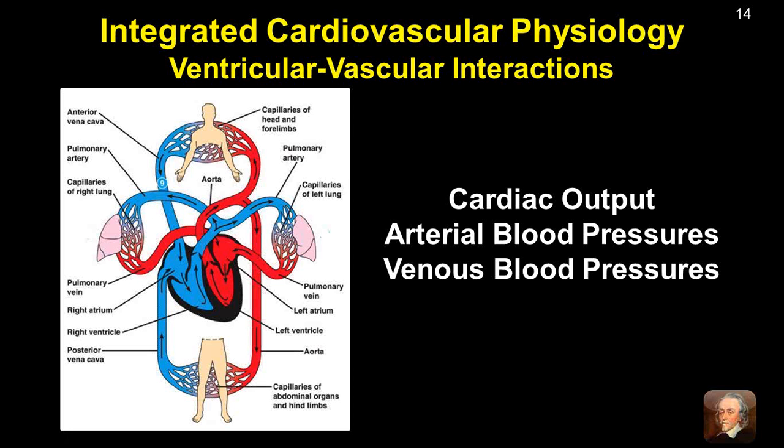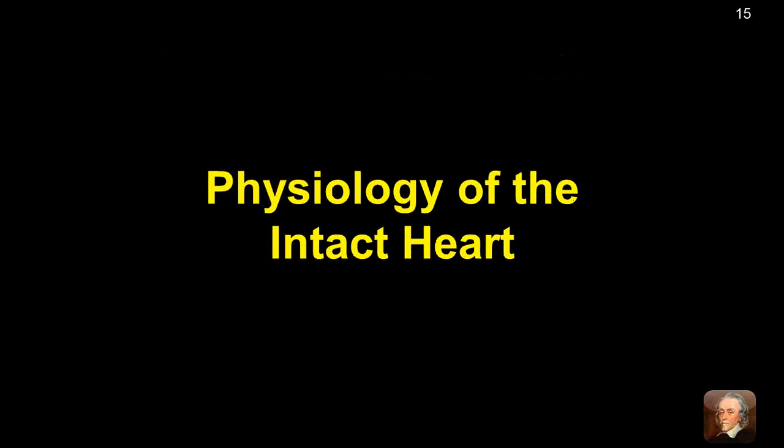So that is really the carrot at the end: to be able to understand what determines these factors and how the characteristics of each component of the system interact to determine these parameters.